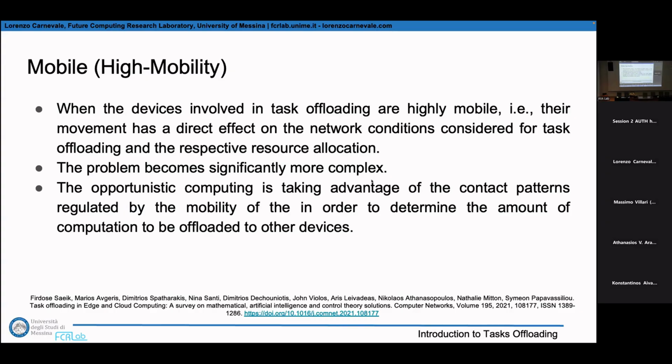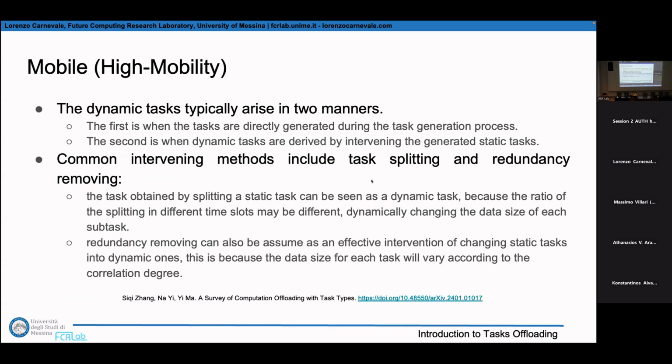This means that, according to the velocity of the device, the distance from the specific edge site, and the quality of the network, we can decide to offload one, two, three operations that are part of the task, or many more.